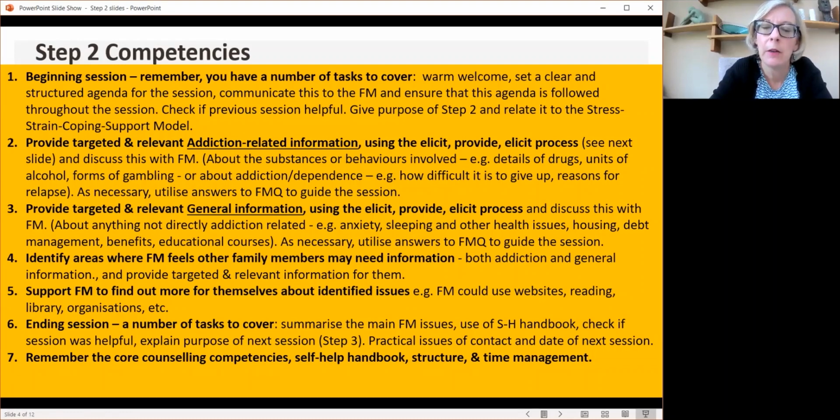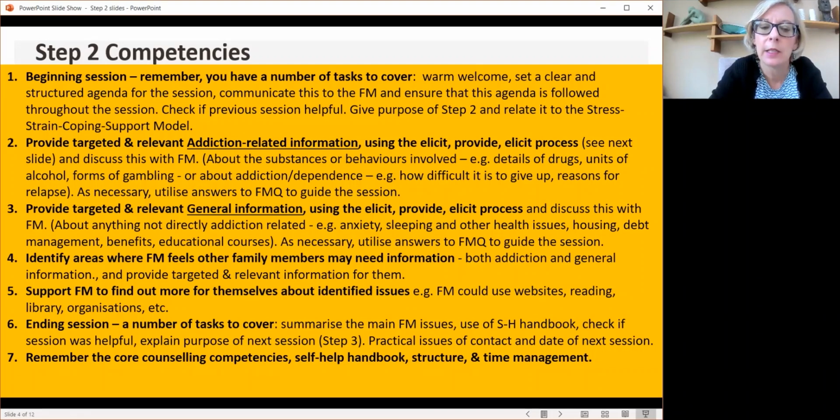Following this, it's about exploring what other members might need, and that might be other family members, or it could be important friends. Then it's about supporting the family member to be able to find out more for themselves about the things that have been discussed. And I mentioned before, things around reputable websites or libraries, things like that might be important for them.